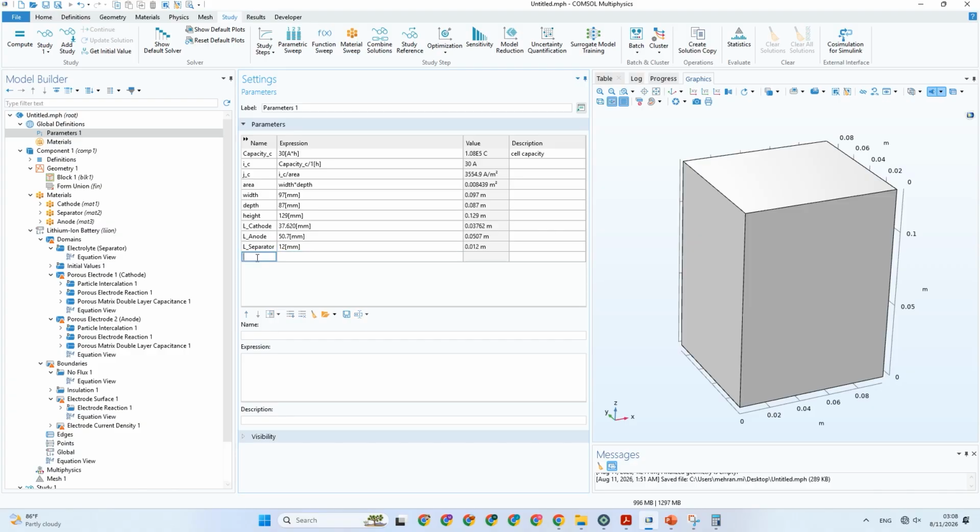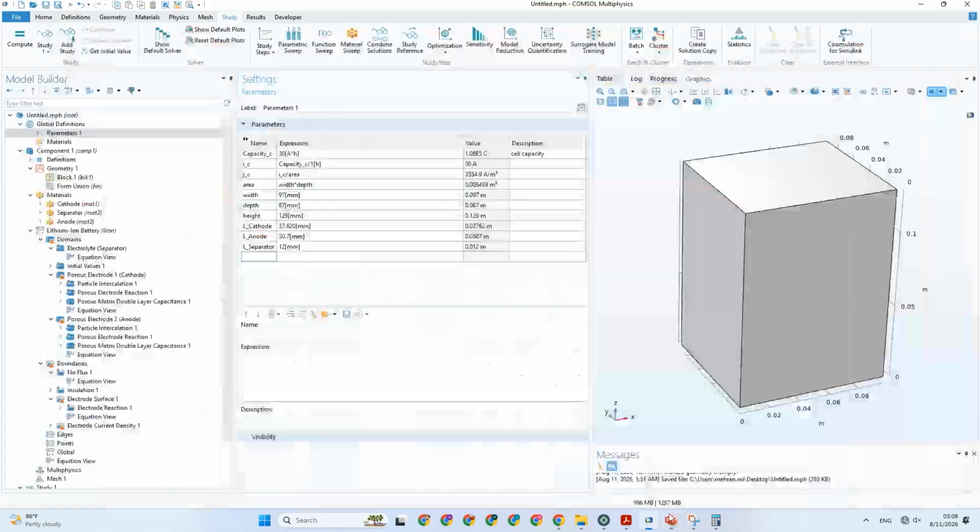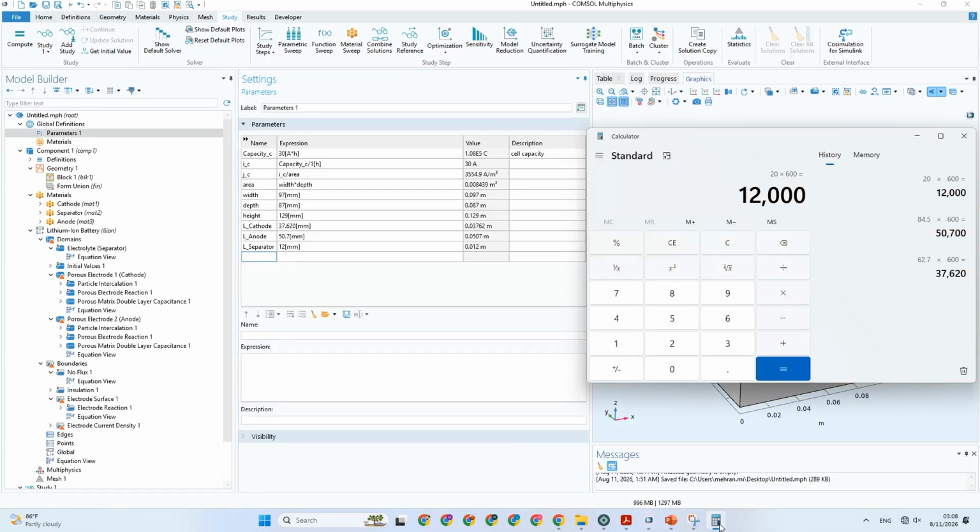This is 1, 2, 3 layer, it must be others. I don't know why, but let me sum these values.